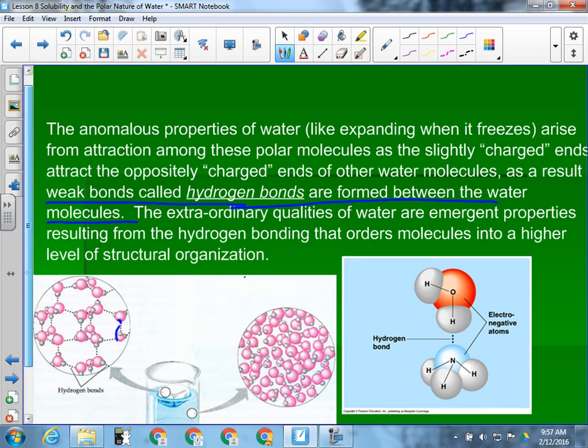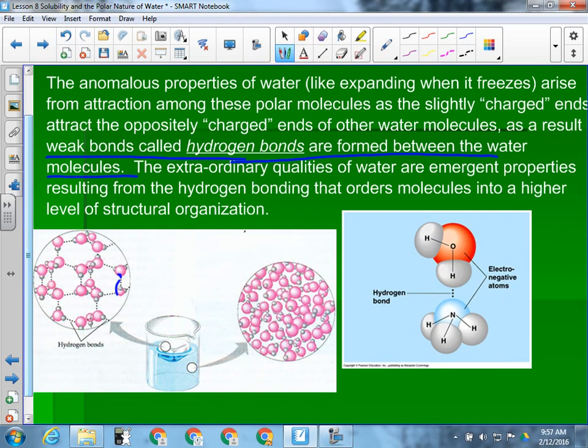So here's what happens, this is what I was just explaining. Liquid water around 4 degrees Celsius has the water molecules not tightly packed, but close together. They can still switch places because it's a liquid. But once it freezes, they form these hydrogen bonds and they form a crystal matrix, which is why water looks crystalline and why we get snowflakes and things like that.